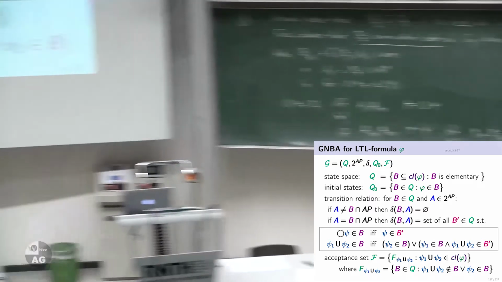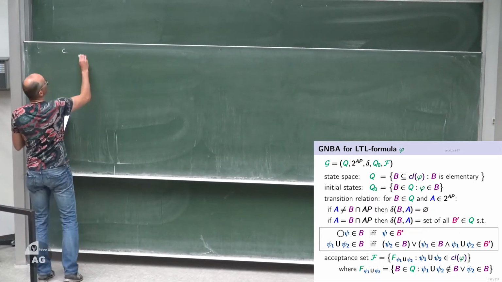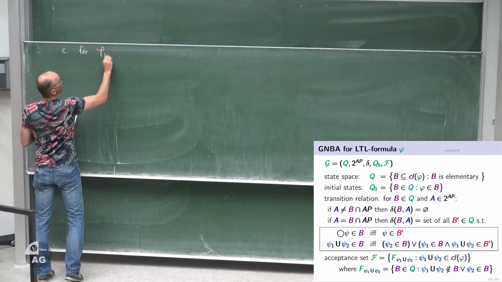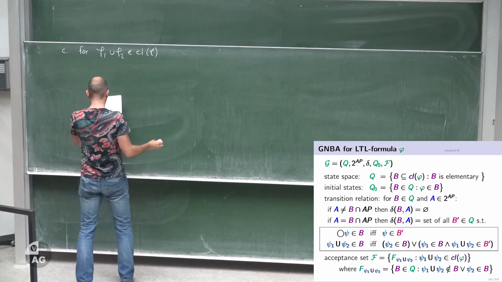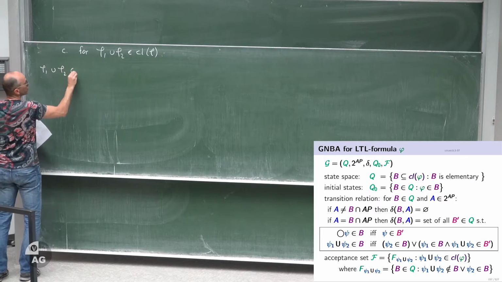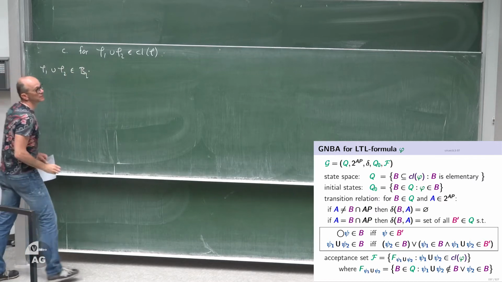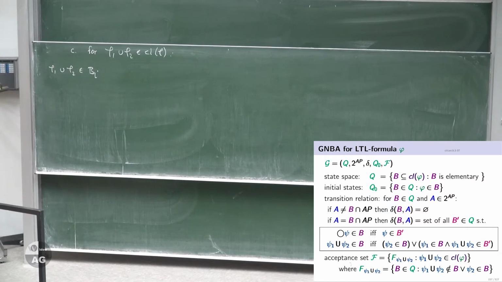Good. So what else? We need also to prove C, namely for an until formula. So we show that if you give me an until formula in the closure of phi, we have the following. Phi1 until phi2 belongs to Bi. Notice where I am. I am here on the left-hand side of this if and only if.